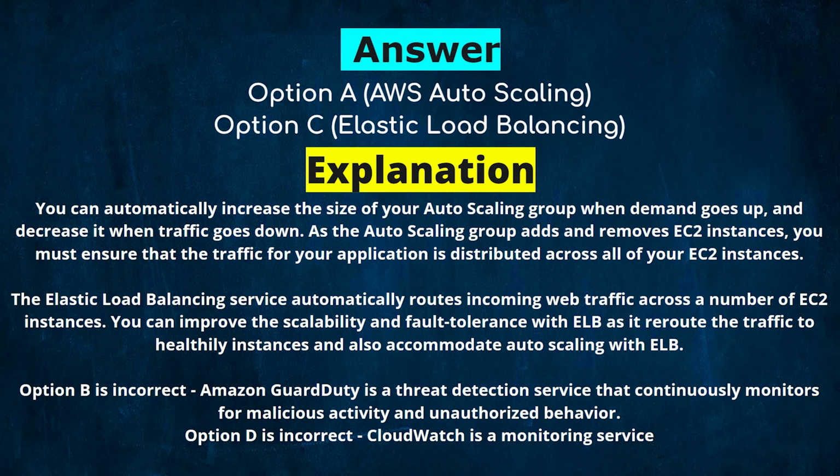You can improve the scalability and fault tolerance with ELB as it reroutes the traffic to healthy instances and also accommodates Auto Scaling. Option B is incorrect. Amazon GuardDuty is a threat detection service that continuously monitors for malicious activity and unauthorized behavior. Option D is incorrect. CloudWatch is a monitoring service.